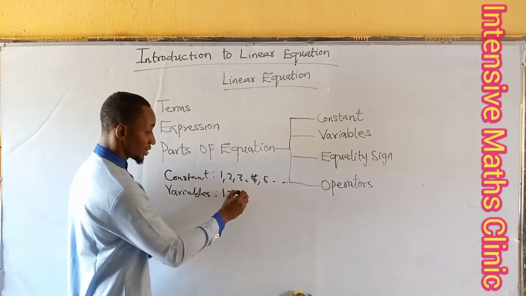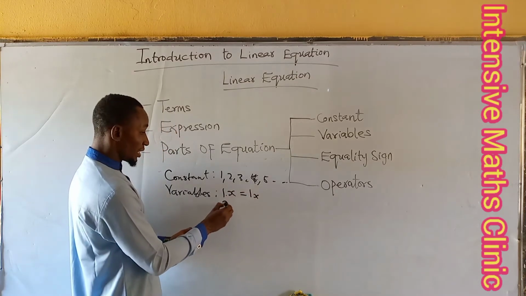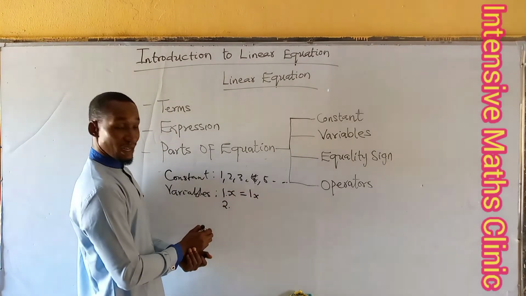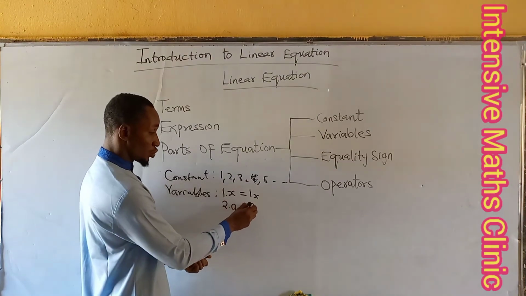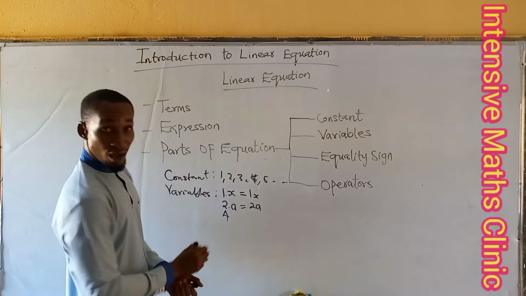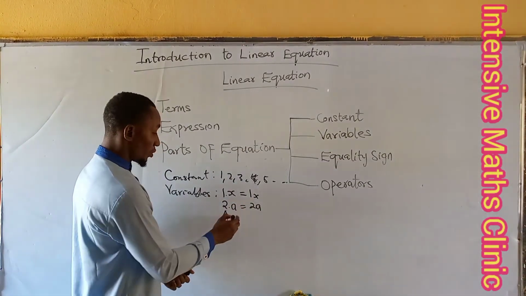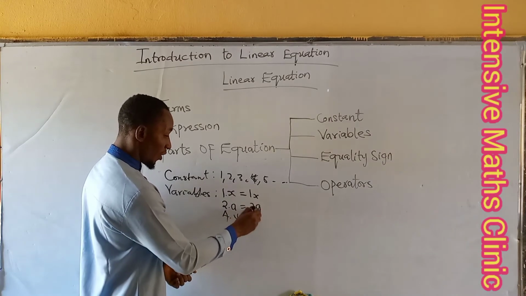The 1x is the expression. This 1 multiplied by x is 1x. When we also multiply this 2 by a variable, the variable can be a, which is 2a. When we now have 4 here, multiplied by a variable, the variable can be y, which is 4y.